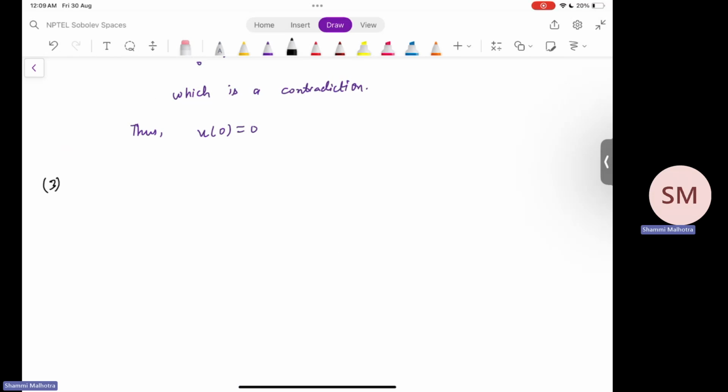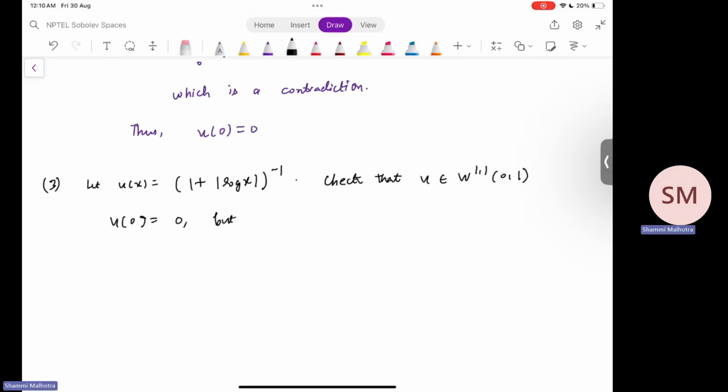For this, if we take u(x) equal to the inverse of 1 plus |log x|, then we have to check that u is in W_0^{1,1}(0,1), u(0) is 0, but u(x)/x is not in L^1(0,1).